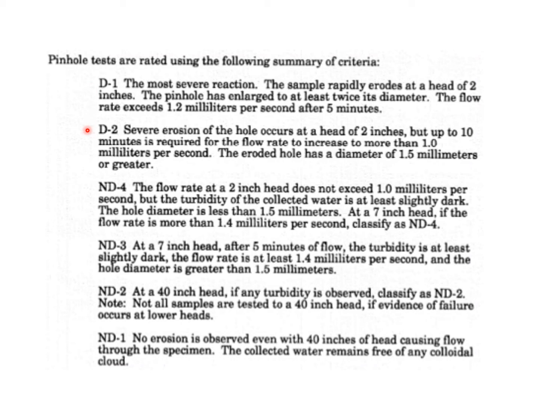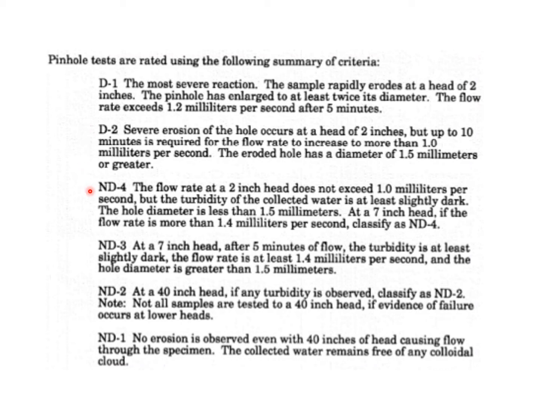D2, severe erosion of the hole occurs at a head of 2 inches, but up to 10 minutes is required for the flow rate to increase to more than 1 milliliter per second. The eroded hole has a diameter of 1.5 millimeters or greater.